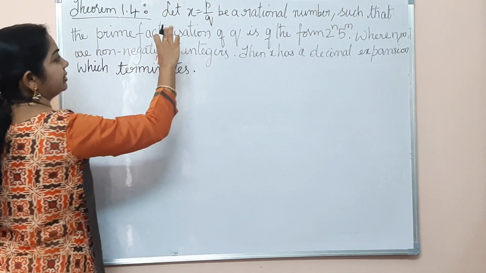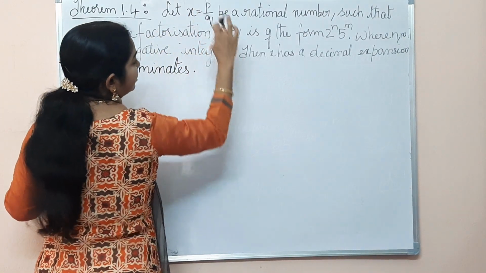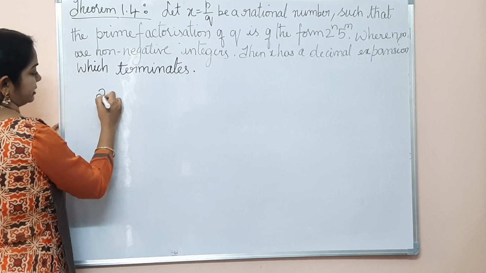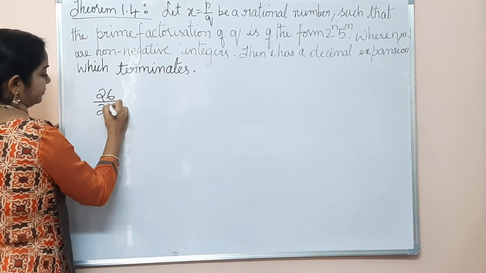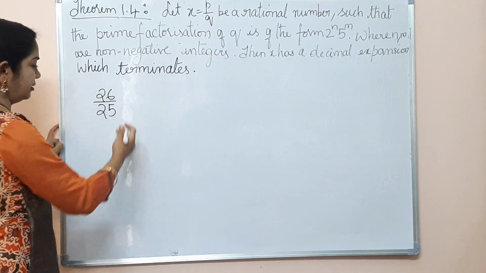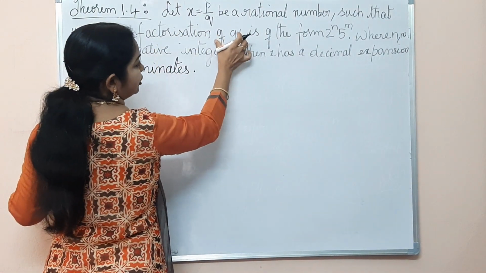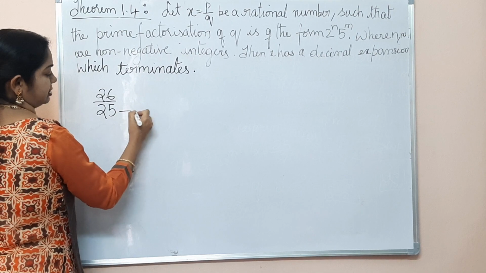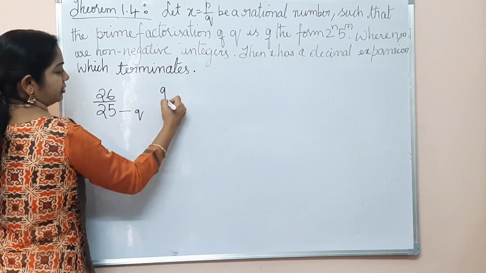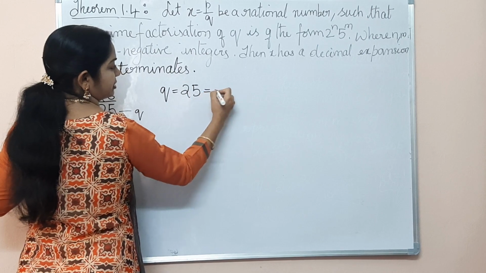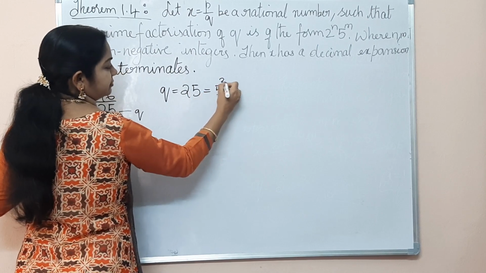Here, listen. If you say p by q is a rational number, let me take one example. If I take 26 by 25, this is p by q. The prime factorization of q, which is 25, is 5 square, 5 into 5.